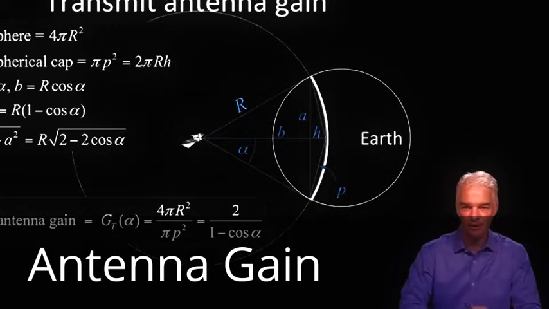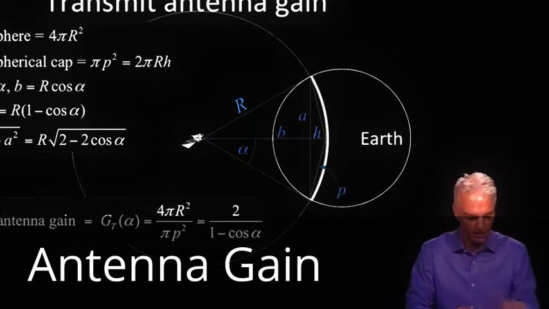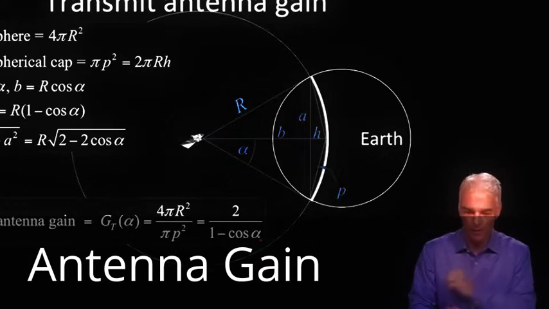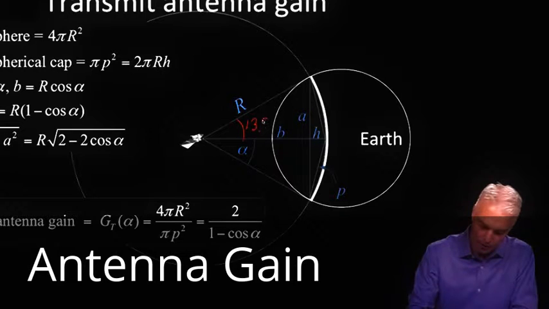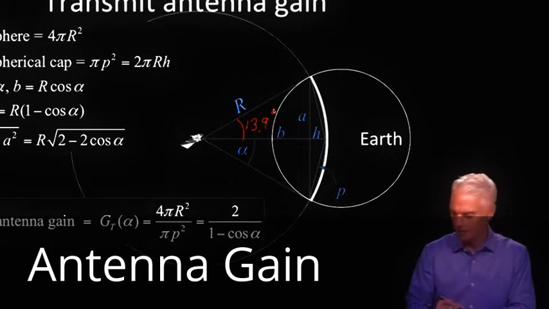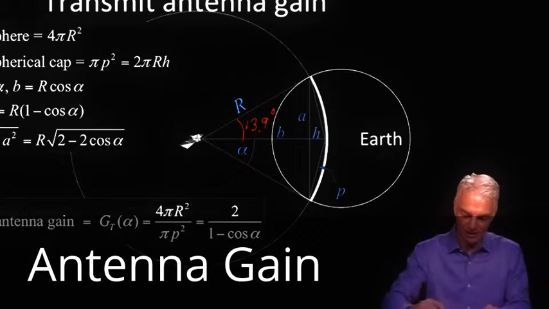So we'll bring back the Earth, and for GPS, for the altitude of the GPS satellite above the Earth, if indeed the spot exactly illuminated the Earth and nothing else, then this angle alpha would be 13.9 degrees. However, the GPS satellite doesn't exactly illuminate the Earth.